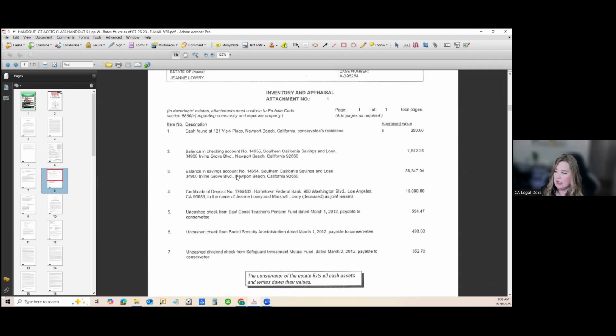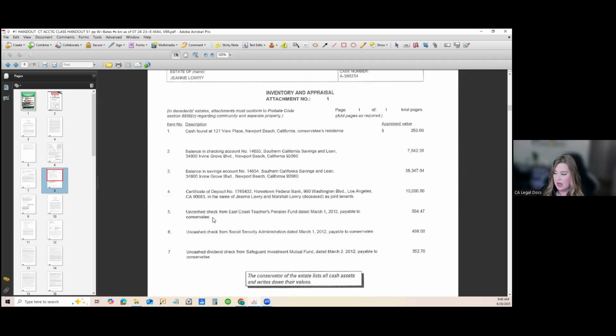Now, again, this is an old example. An uncashed check: typically pensions are direct deposited, they're not issued in a check. So this example of the inventory and appraisal is an older example where checks used to come.